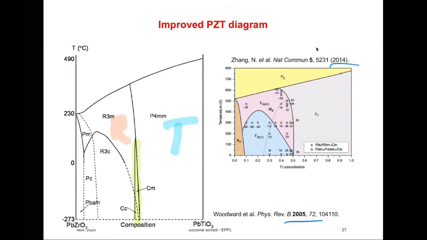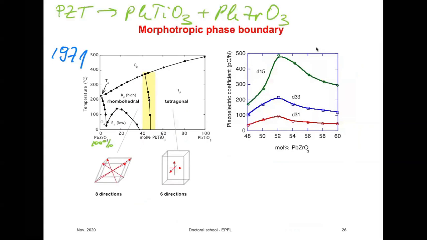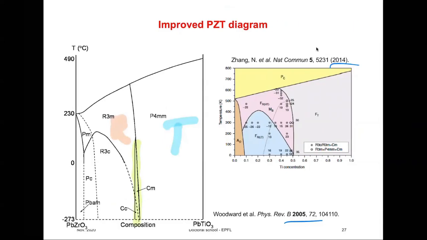And it is this monoclinic phase which is actually very interesting, and I will try to relate that monoclinic phase to the fact that the largest increase in properties is actually observed in the shear piezoelectric coefficient.